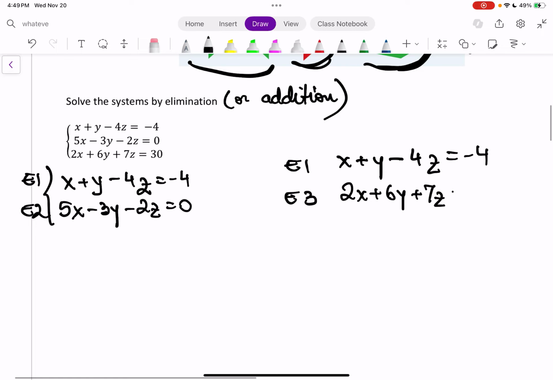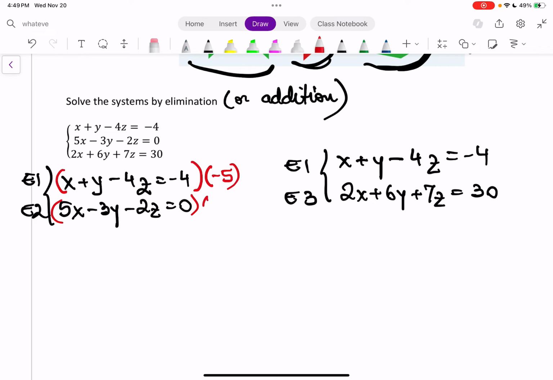And then what we will do is eliminate the same variable from both. So I picked this one because it's actually pretty nice. To eliminate x, it's quite easy. All I have to do is multiply the top equation by -5. The bottom equation could just be multiplied by +1.